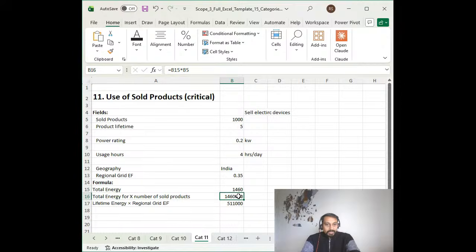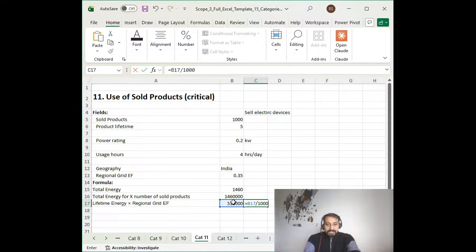Then you have to calculate the total energy for X number of sold products. The number of products is 1,000 here. So you have to multiply the total energy by the number of products sold. And then you have to calculate the lifetime energy emissions, that is lifetime energy times the regional grid emissions factor, which comes to 511 tons of CO2 equivalent.